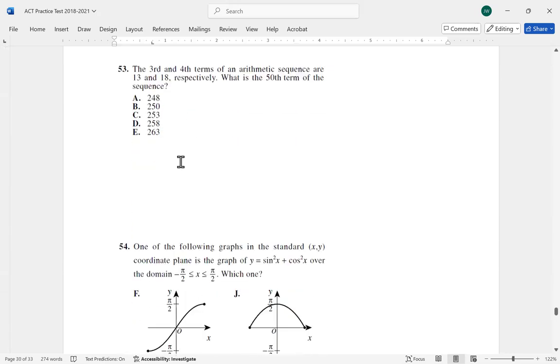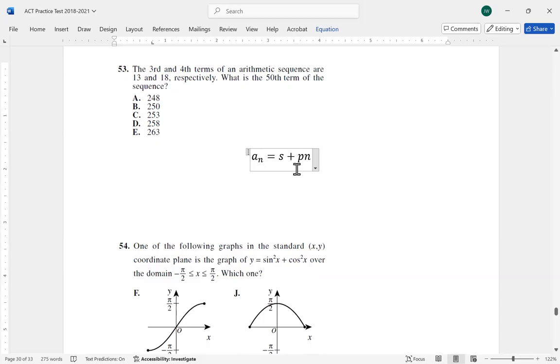Question 53. The third and fourth terms of an arithmetic sequence are 13 and 18 respectively. What is the 50th term of that sequence? Arithmetic means that we're taking something as a start value, and we're adding some p times the number of terms we're at.